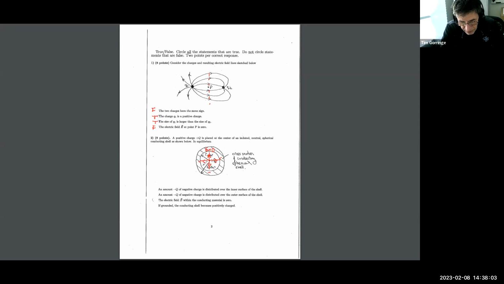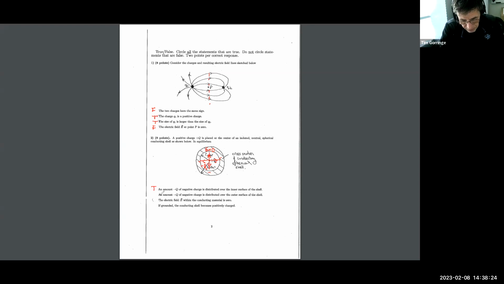So actually there's a charge minus Q, equal and opposite to the charge plus Q, distributed over the inner surface of the conducting spherical shell, on the wall that is facing the cavity. So that first statement is true.